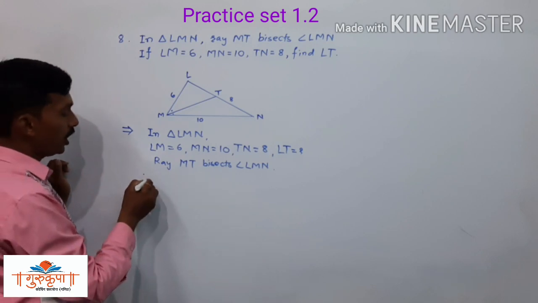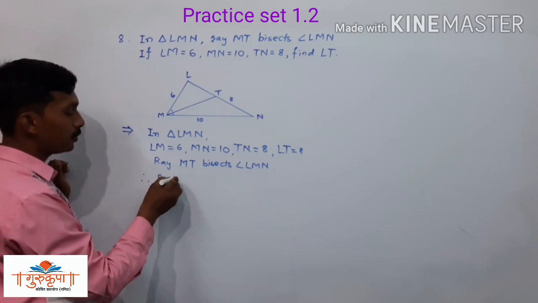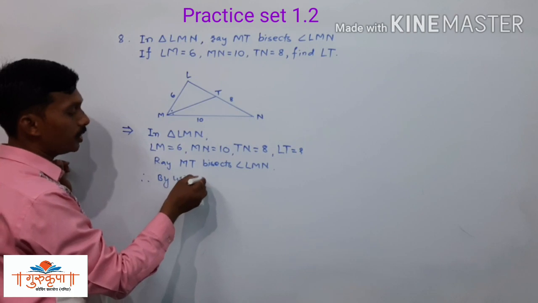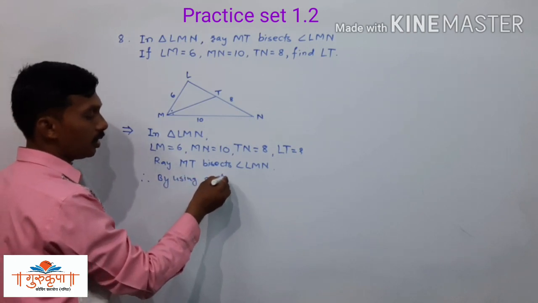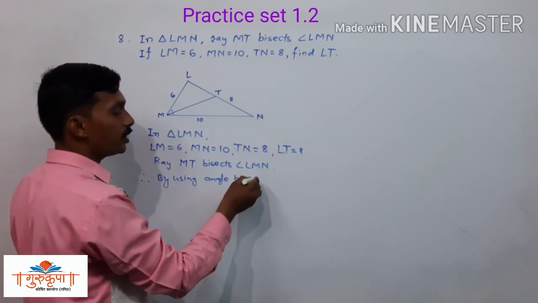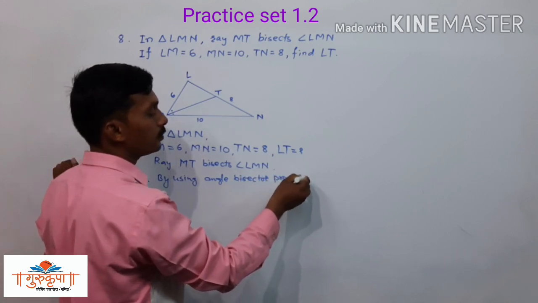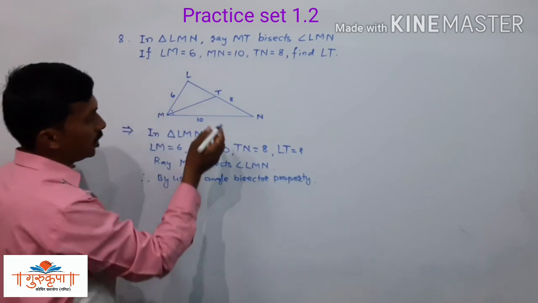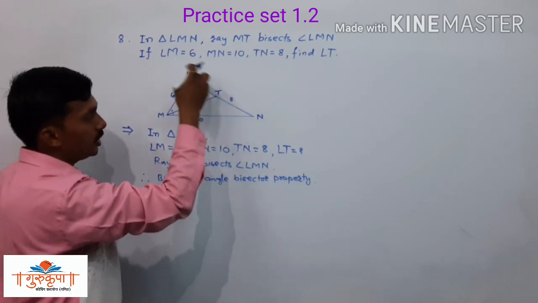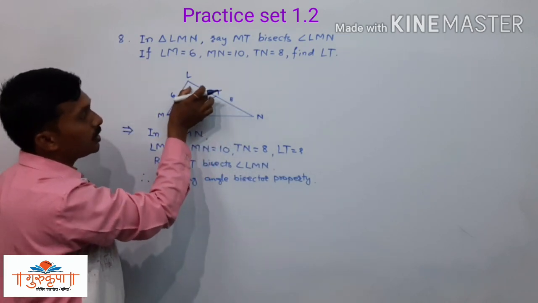Now by using angle bisector property, the opposite side to the angle, that is LN, is divided into two parts, LT and TN.